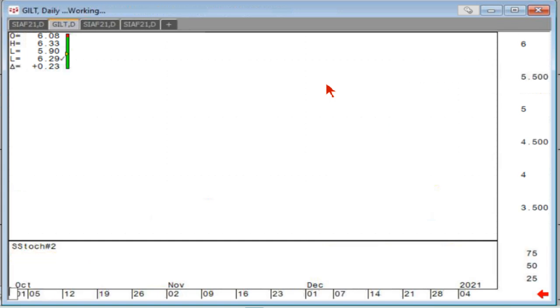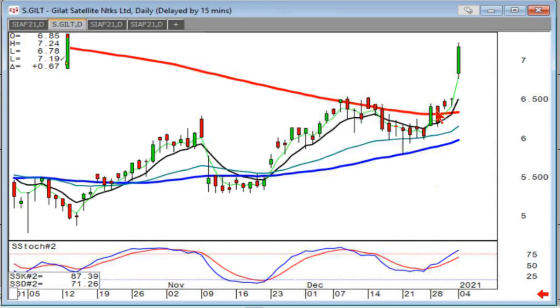Started buying Gilt again because it did do exactly what we expected it to do when it gapped up above the previous day's open, kind of a bobble breakout. So we started adding some, and we added some more today. That's a strong chart. There's your bobble breakout. So obviously something's happening there.